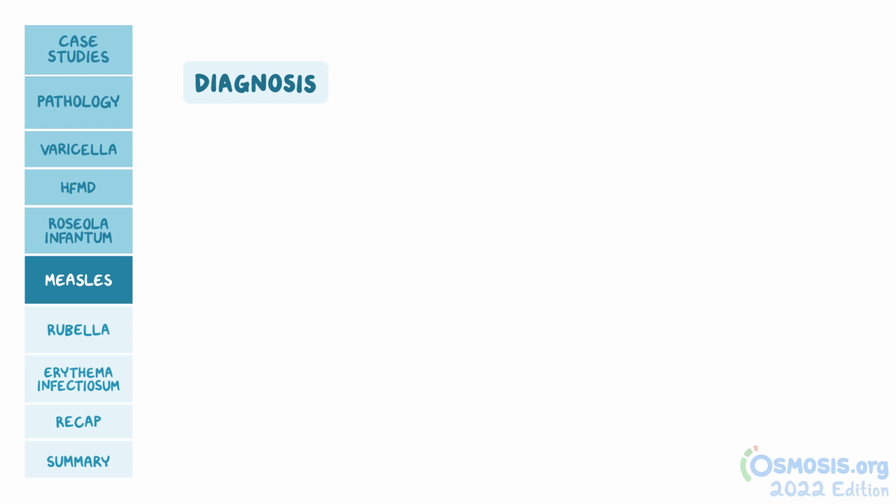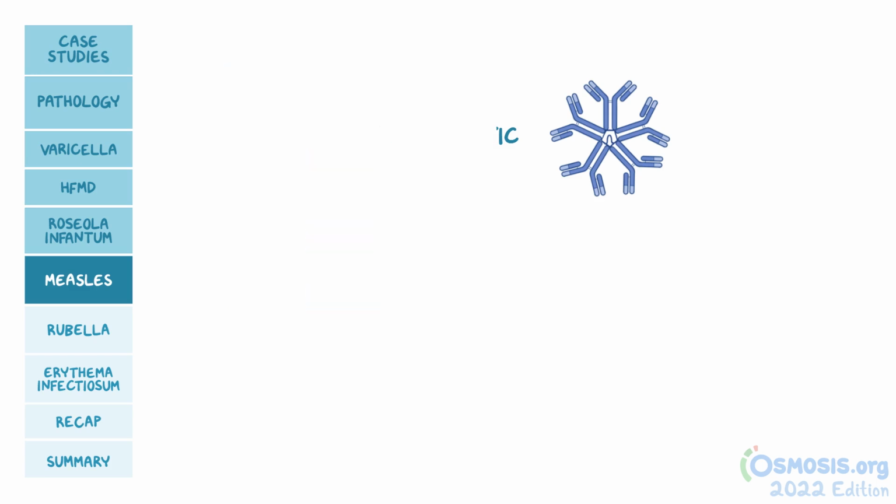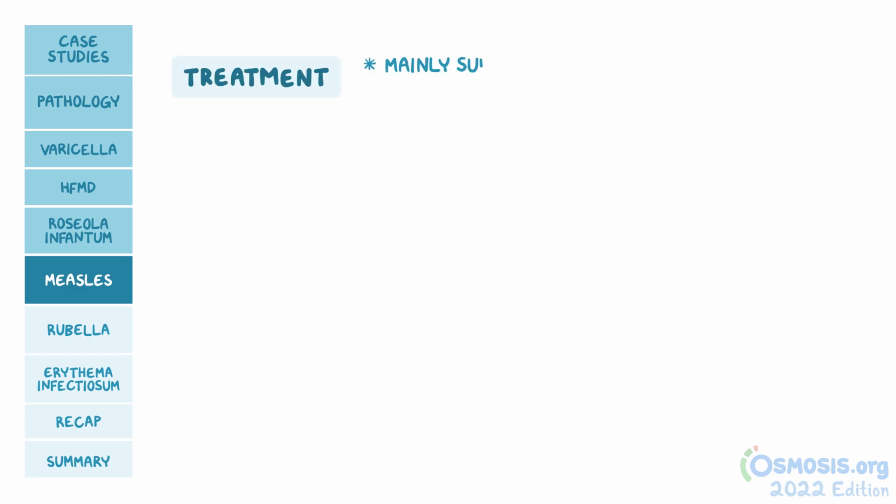Diagnosis of measles is usually done by looking for measles-specific IgM antibodies, or with PCR. There isn't a specific antiviral medication, so treatment is mainly supportive and aimed at treating any potential complication.